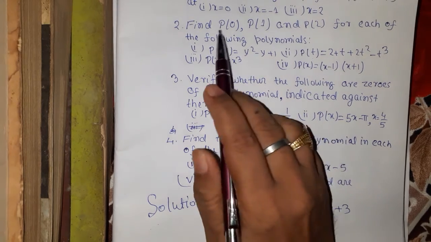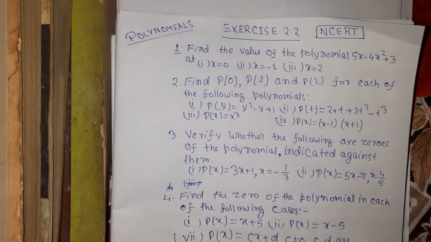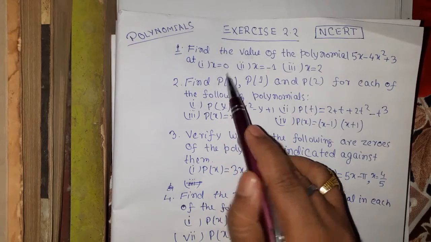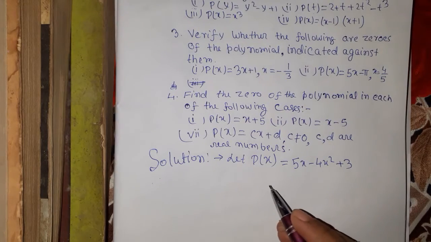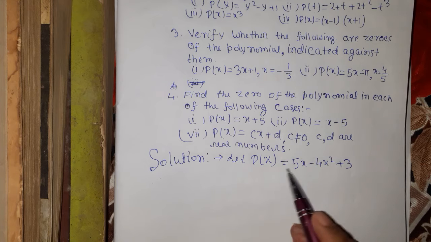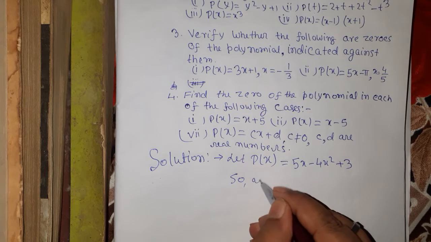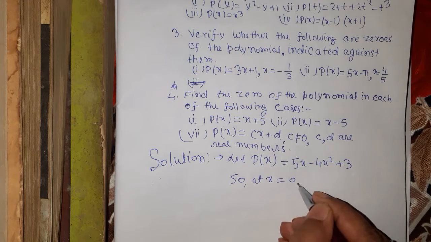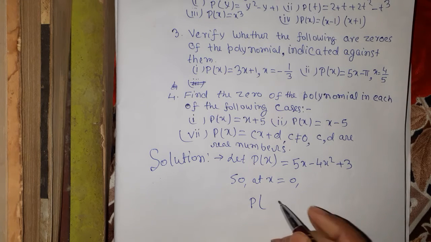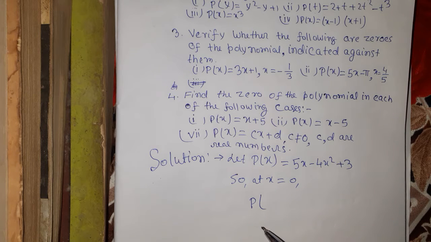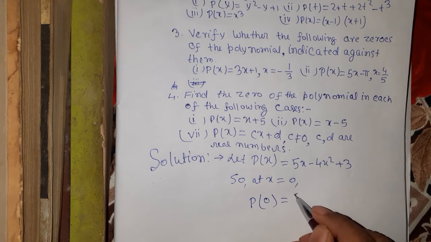So here we have to evaluate the value at x is equal to 0. So we have to put 0 in place of x. At x is equal to 0, here we see x inside the small bracket, so we write p(0) is equal to 5.